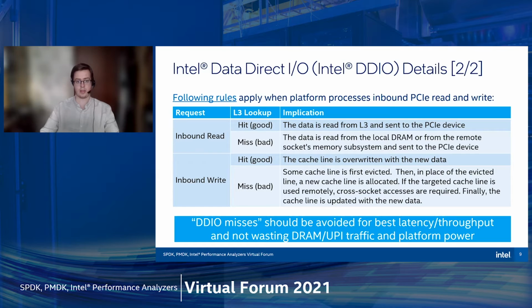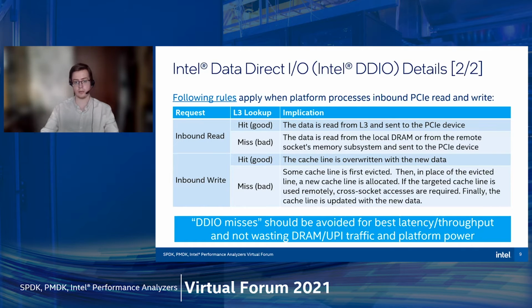So basically, it is a good thing to monitor how many misses in the L3 cache you have for your DDIO transactions. Even if overall throughput is okay and you have a significant ratio of misses, it is recommended to check the DDIO latency.